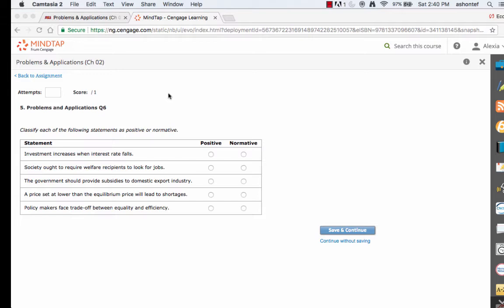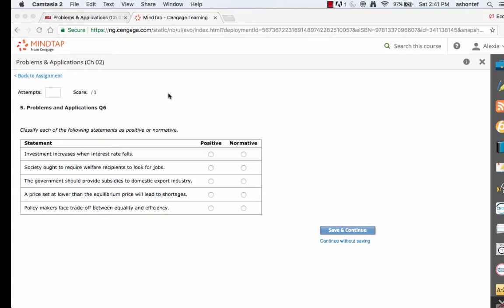And then this next question is going to have you look at the idea of positive and normative statements. So quick reminder, positive statements are ones that have evidence to support what they're saying, while normative statements are more opinion generated. So it's where you'll have the words like ought to, should, could, would.